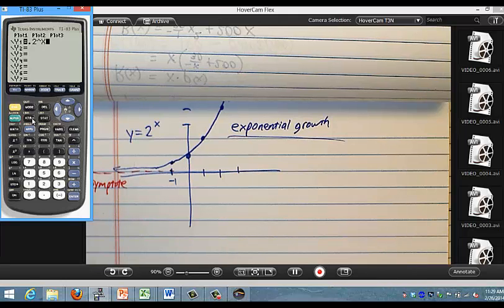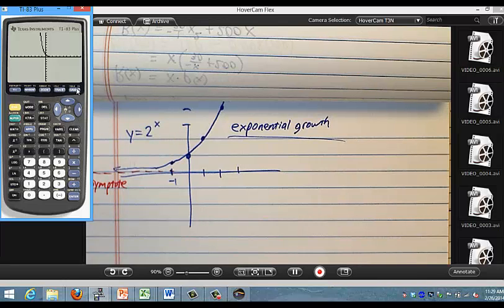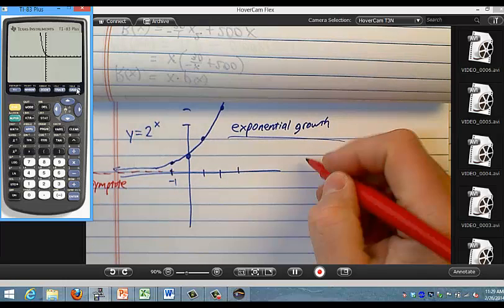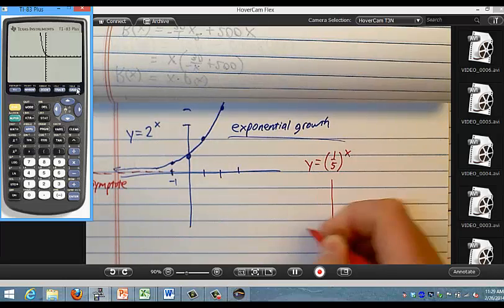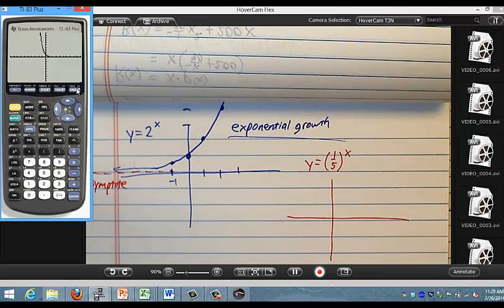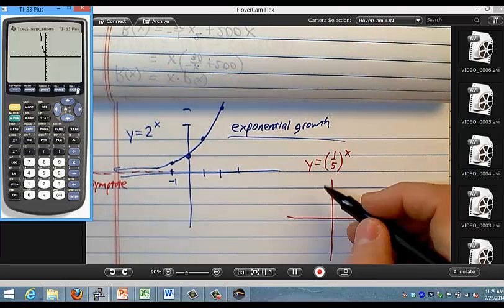So that's 1/5 to the x power. Enter. Graph. Actually, that might make sense to you that this would happen. Because if you think about what that looks like, when I graph 1/5 to the x power, it still goes through 0, 1. If you input a 1, what do you get?